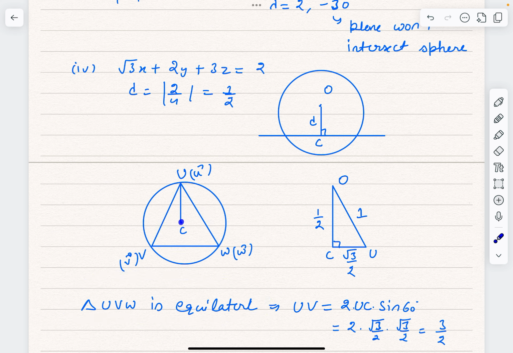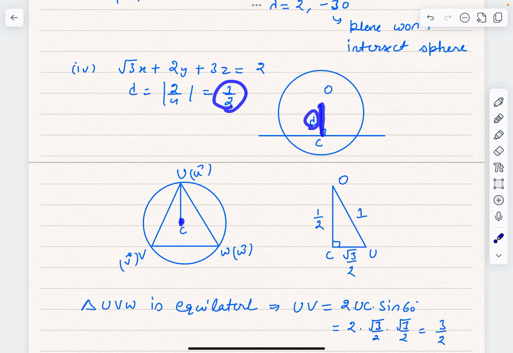C will be the center of the circle, and the perpendicular from the origin to the plane will meet at the center of this circle. So this perpendicular distance OC is d, which is 1 by 2. That gives the distance from the center to the origin.